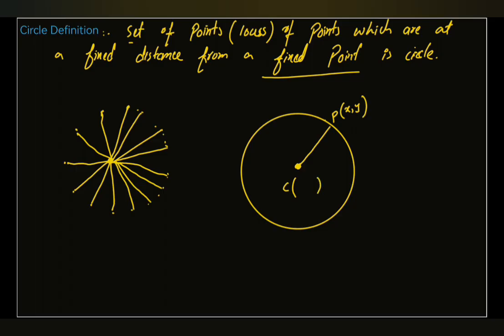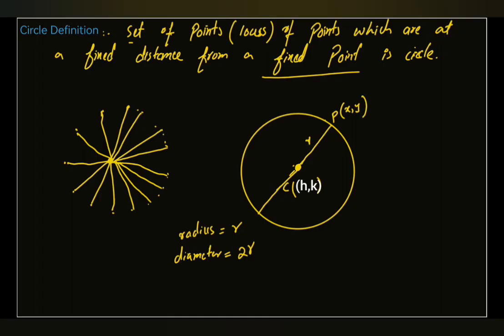If the distance between this point and the center is r, then the radius is equal to r, and the diameter is equal to 2r, because when we extend this r to this point, this r plus this r becomes 2r. So the diameter of the circle is 2 times r.